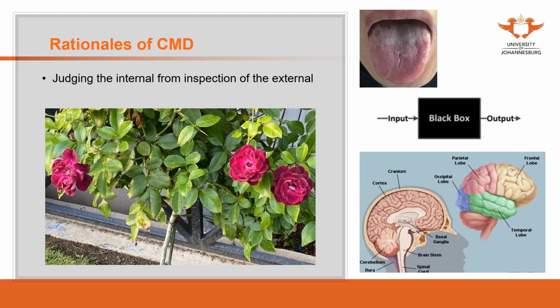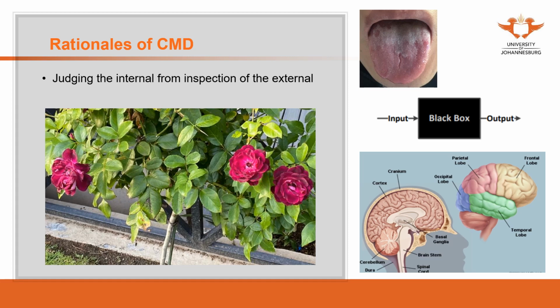It was first introduced in engineering. Especially in electrical engineering, they want to know what's inside the black box.